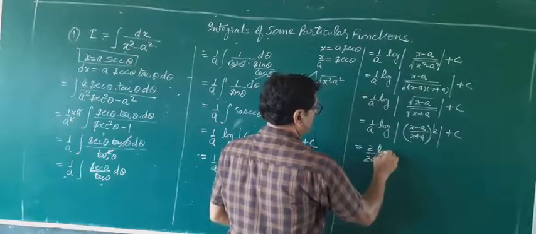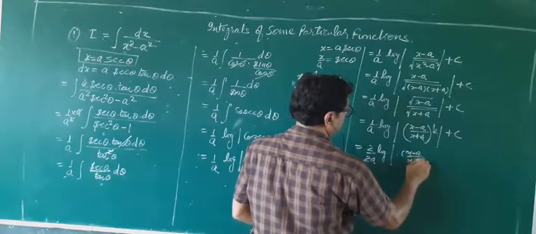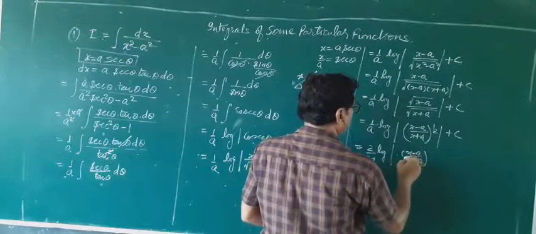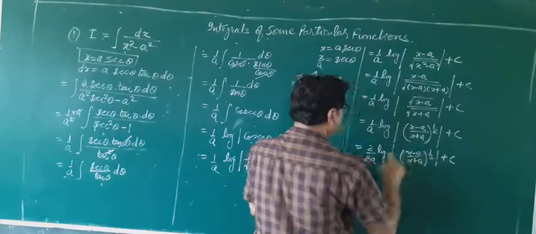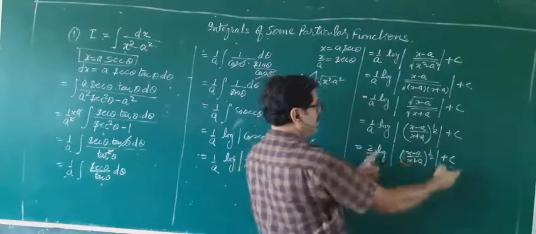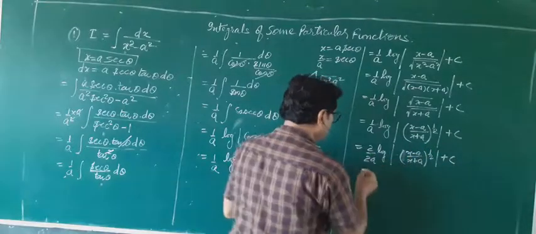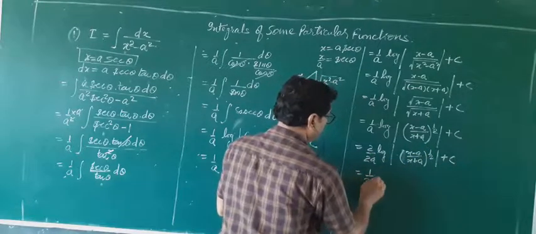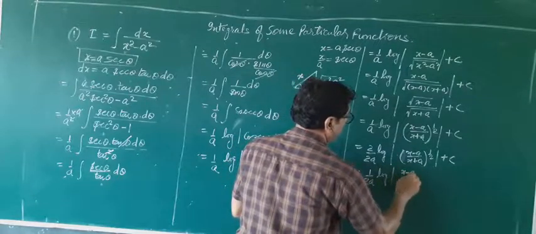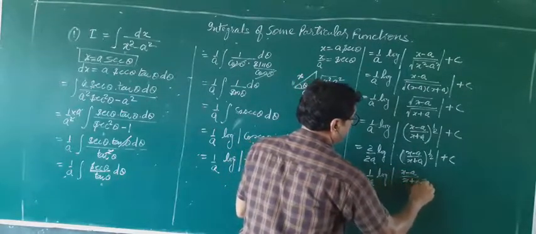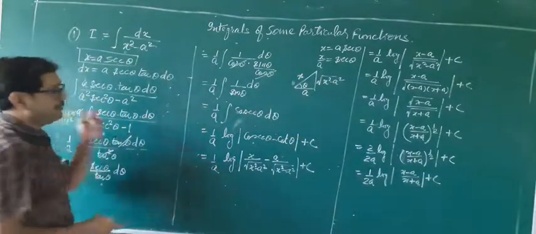This is log of x minus a upon x plus a to the power 1 by 2. This 2 is the power of this term, so the 2 cancels out with the 1 by 2. So the answer is 1 by 2a log of x minus a upon x plus a plus c. This is the answer. Again we explain it.